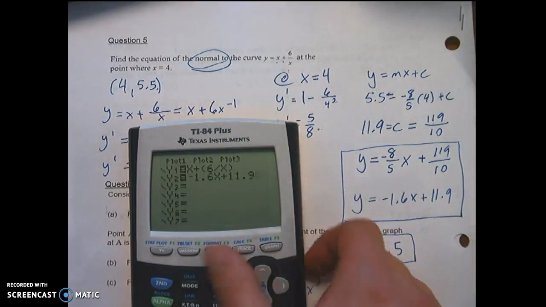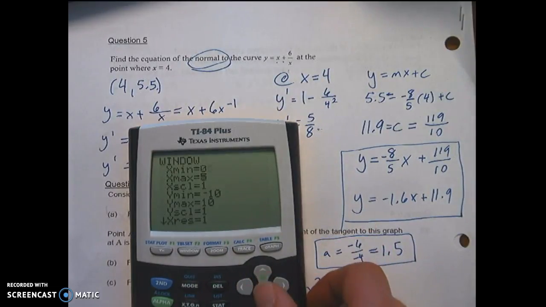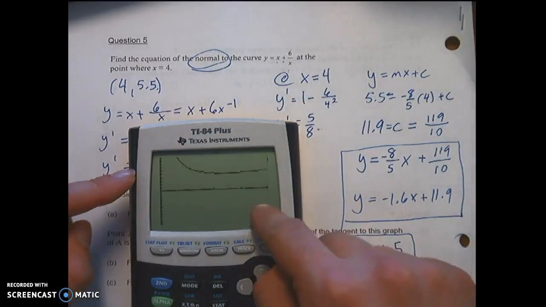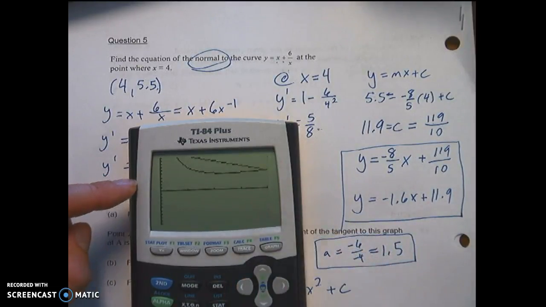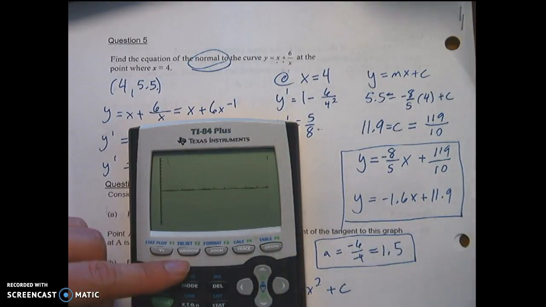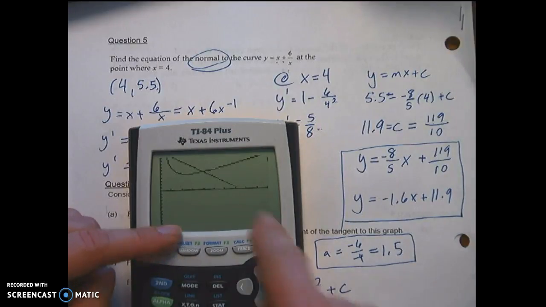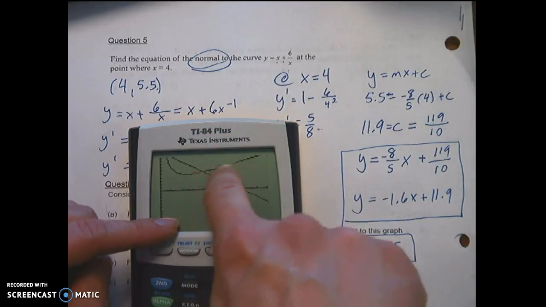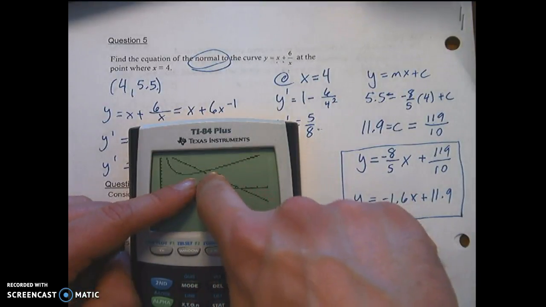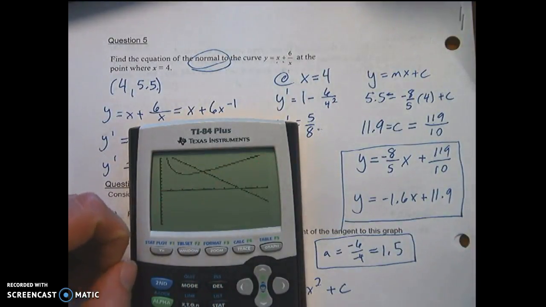I'm looking at where x equals 4, so I'm going to change my window so I'm only really looking at x equals 4. It's right about there. Let's change it a little bit so you can actually see it. Hopefully you can see that the line that's coming through here is perpendicular to the tangent line that would be right there, and that would create a 90-degree angle right there.